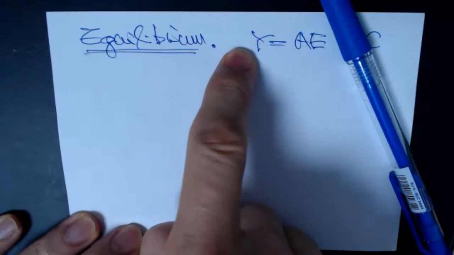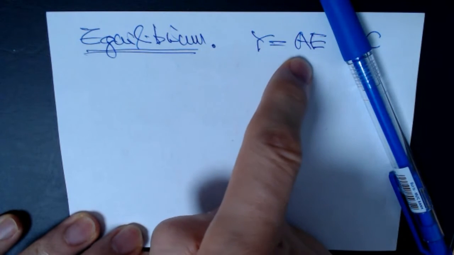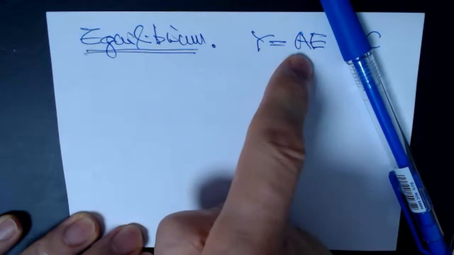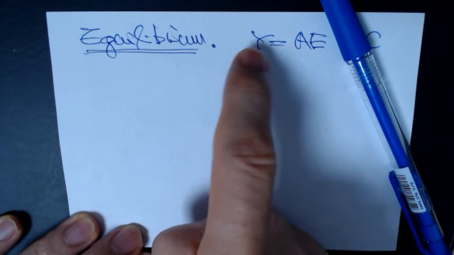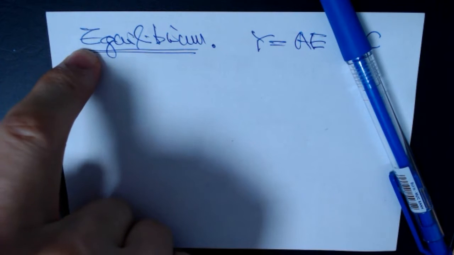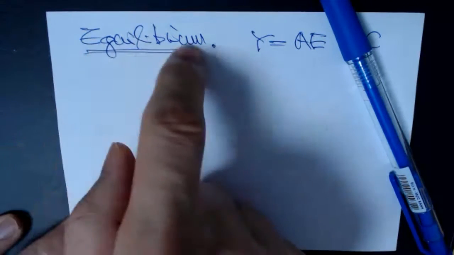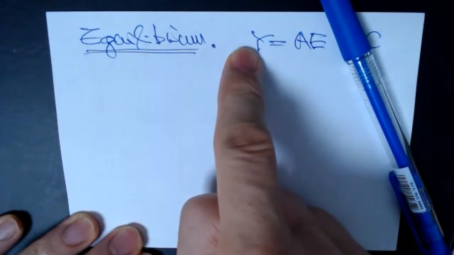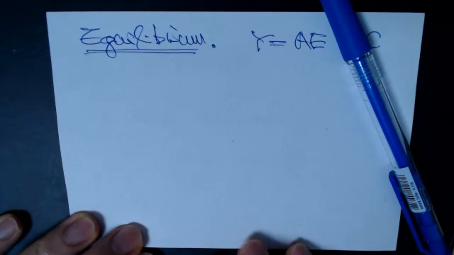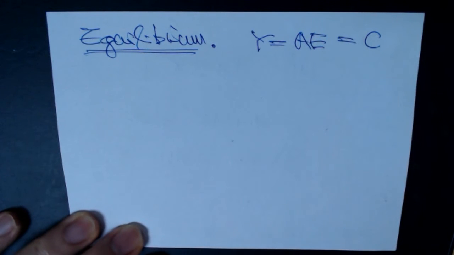Or you can say that what is produced should be the same as what is consumed. If this economy produces more than required, or less than required, then we don't say that situation is in equilibrium. Equilibrium only happens when output equals aggregate expenditure. So the calculation is very straightforward.